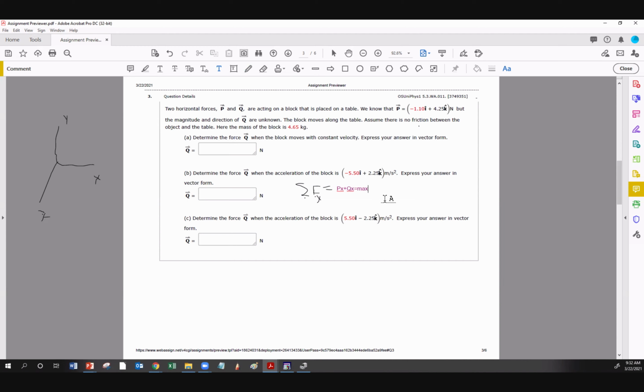So if we do that again, we'd have that equals minus 1.10 newtons plus Qx, which we don't know, equals 4.65 kilograms times the x component of the acceleration, minus 5.50 meters per second squared. And now, if we solve that, that'll get us the x component of Q. Does that make sense? Yes, that makes sense now.